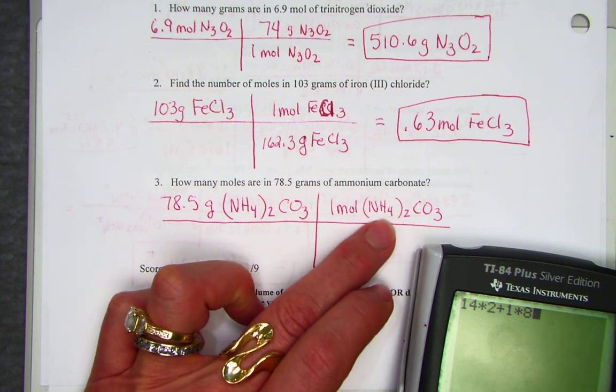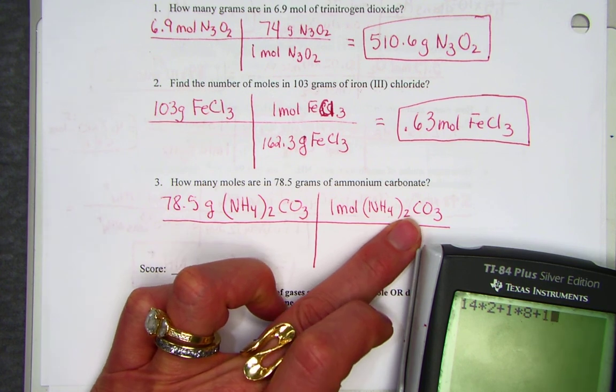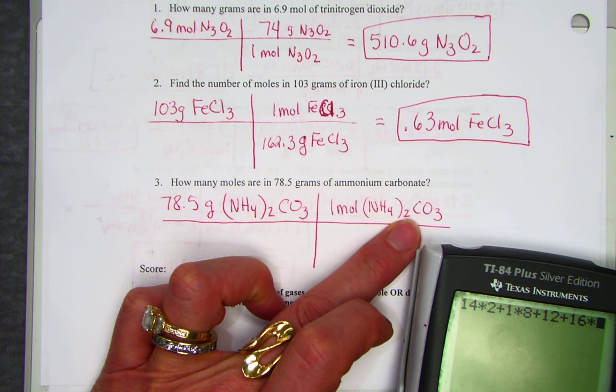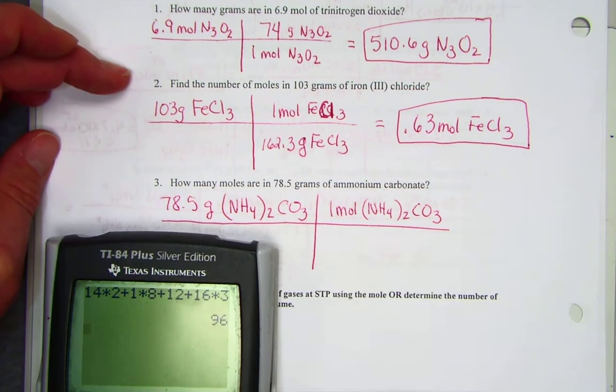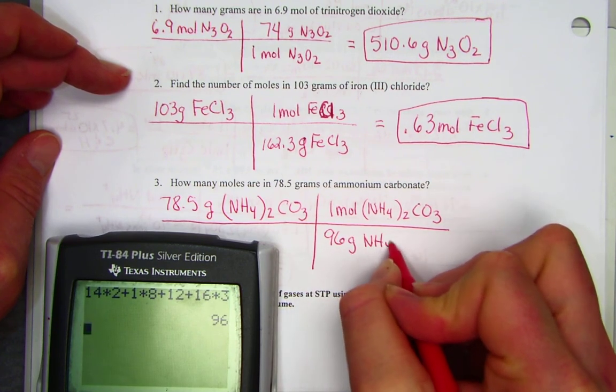Distribute means to multiply through. Plus the carbon with its atomic weight of 12, and there's just 1 of those. Plus the oxygen, who weighs 16, and I count 3 of those in the formula. Grand total is 96 grams of ammonium carbonate.